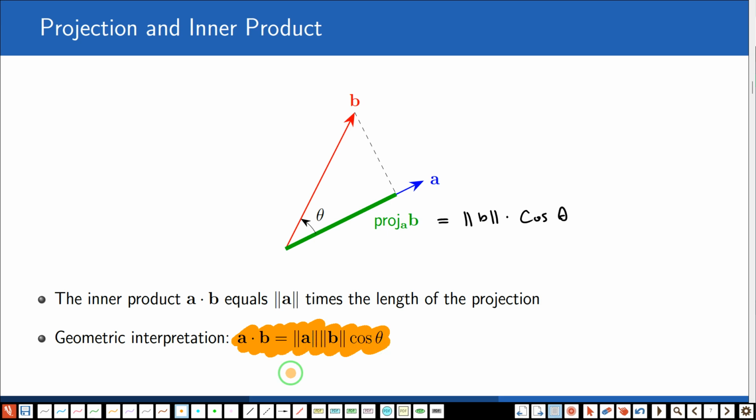It is also the same if you find the projection of vector a on b. This is going to be the projection of vector a on b, and the result would be the same if you calculate it.